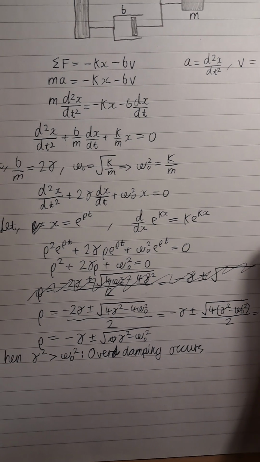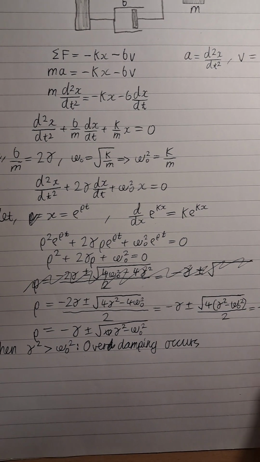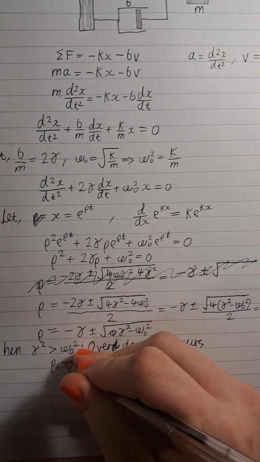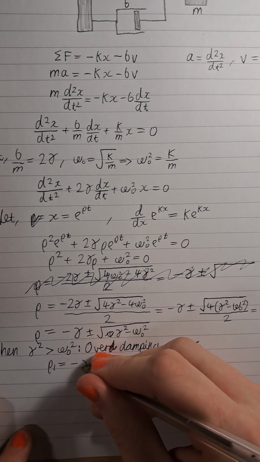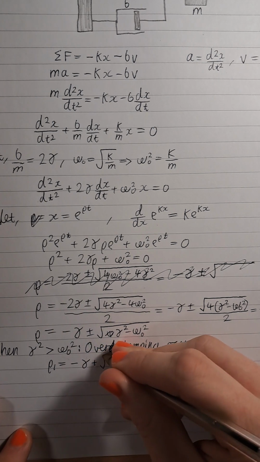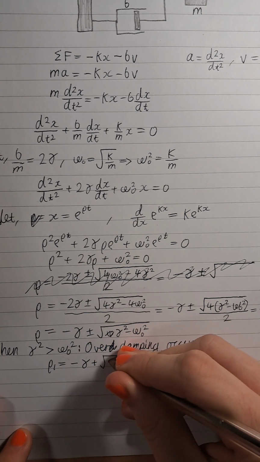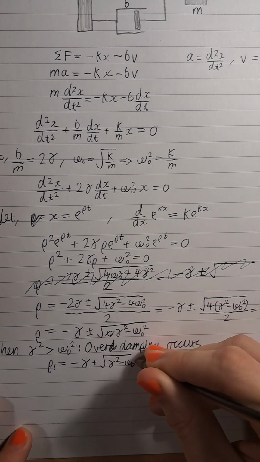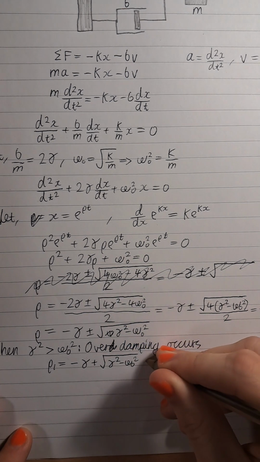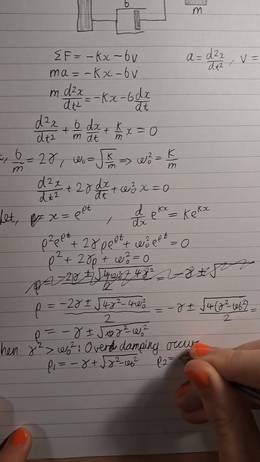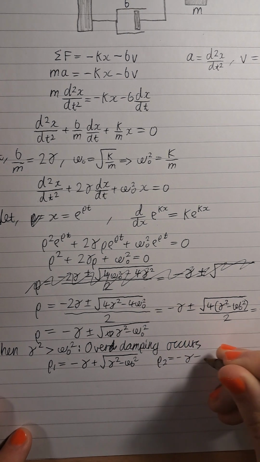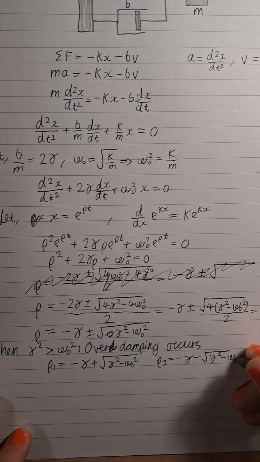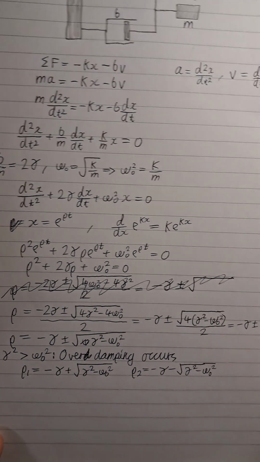Right then, and this means that we're going to have two real values for P. So our two values for P are going to be P1, let's say that's equal to minus gamma plus root gamma squared minus omega squared. Then we've got P2 is equal to minus gamma minus root gamma squared minus omega squared, like that. Lovely.